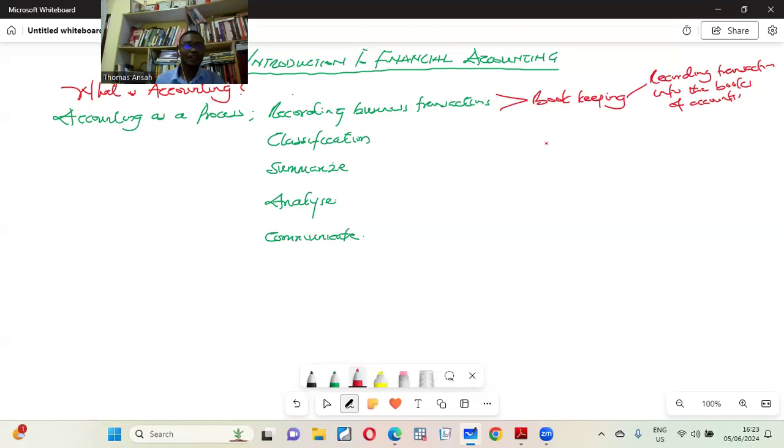Then we will classify. Now, in the advanced level, the word classification means recognition. All right, recognition. And you are recognizing the thing into the elements of financial statement. So we are saying that giving recognition to the elements of financial statement.